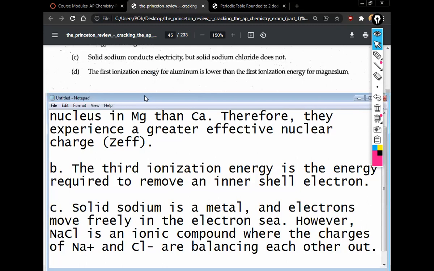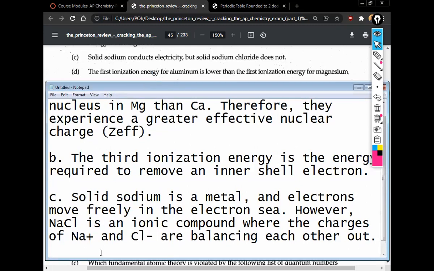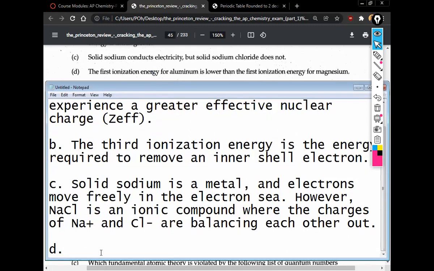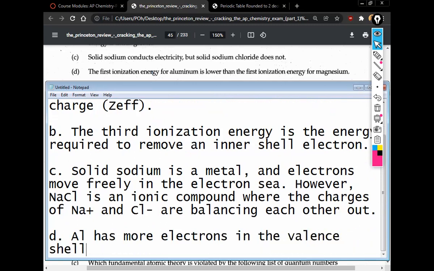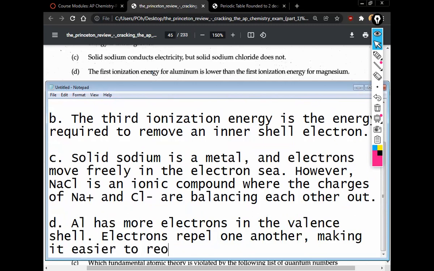There's more electrons. Exactly. Aluminum has more electrons in the valence shell. Electrons repel one another, making it easier to remove an electron.